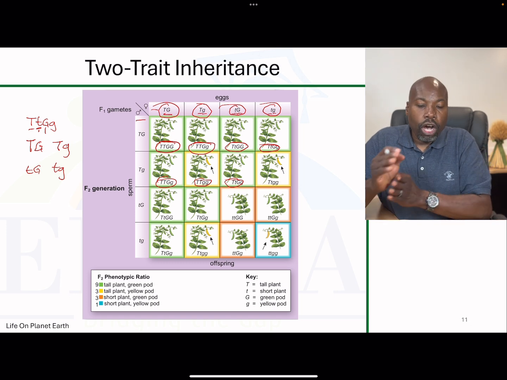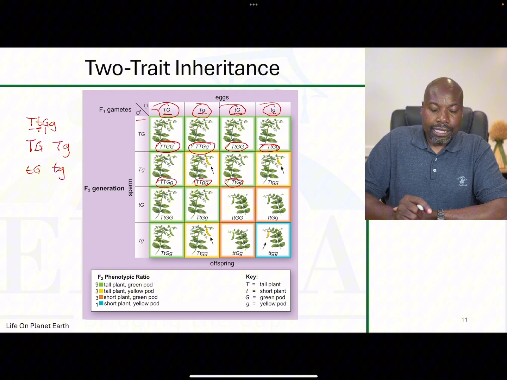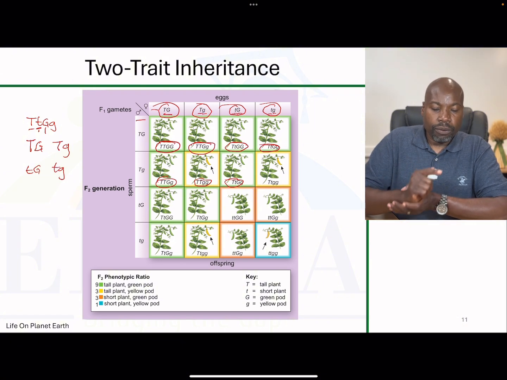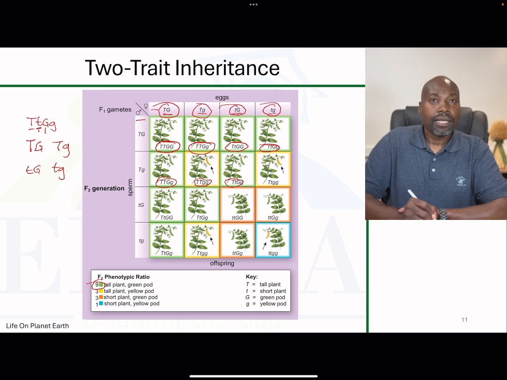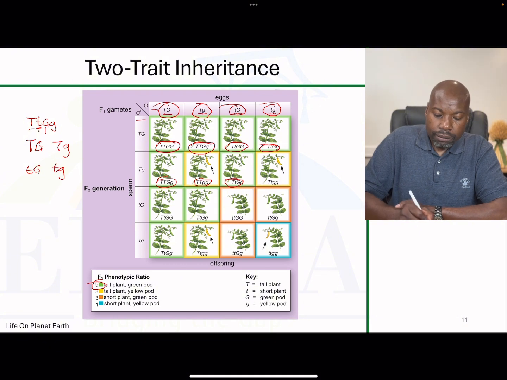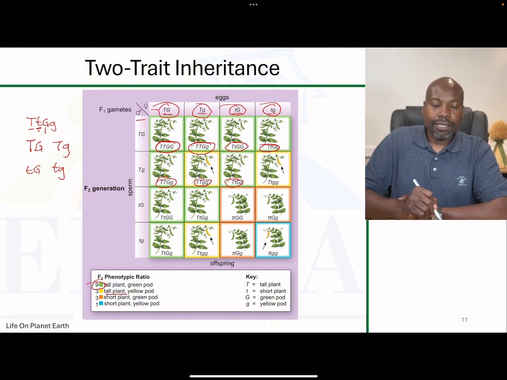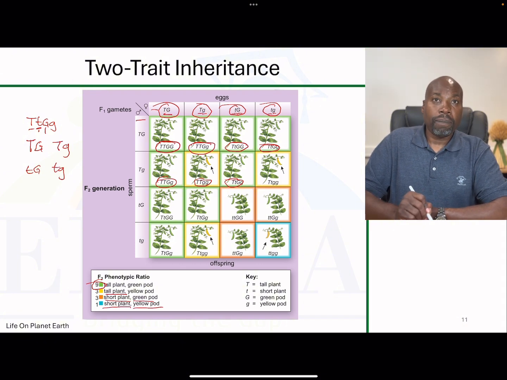And having done all of that, what Mendel observed is that in the F2 generation, we had 9 plants that were tall with green pods, 3 were tall plants with yellow pods, 3 were short plants with green pods, and only 1 was short plant with yellow pods.